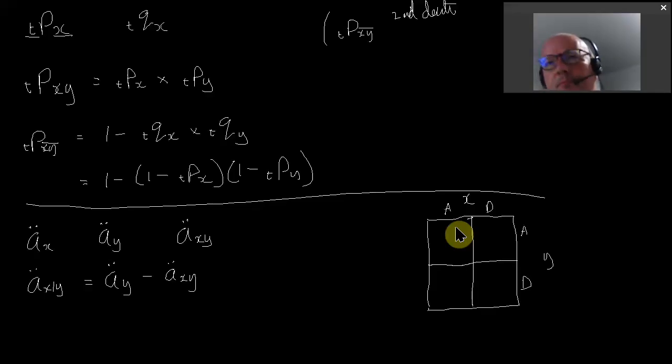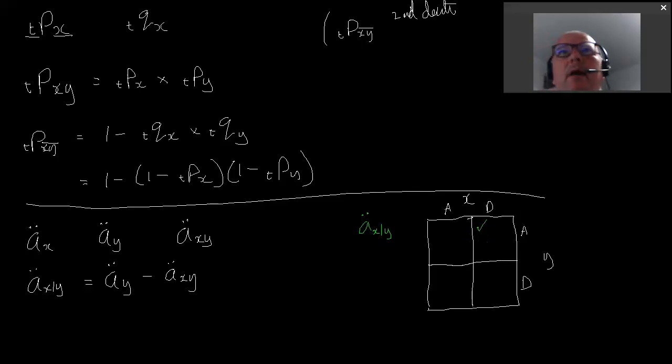Let's do this in green. A.X reversionary Y pays out if X is dead and if Y is alive. So I'll put a little green tick in there.